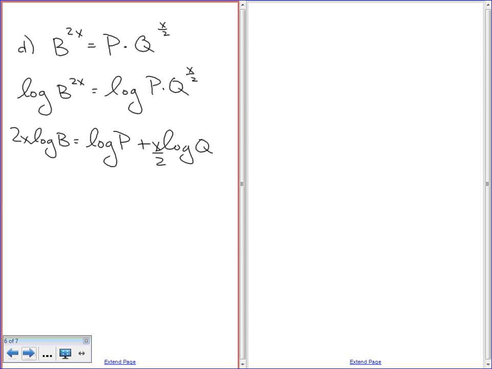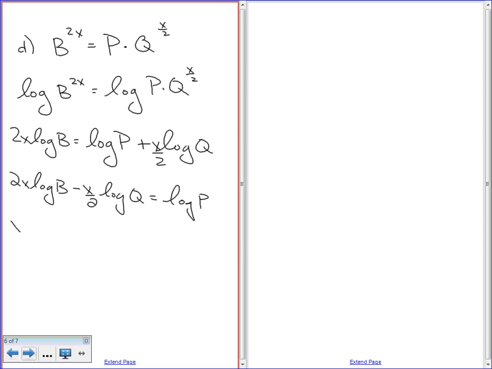Selecting the ones that have x's on one side, I get 2x times the log of b, subtract x over 2 times the log of q, and that's equal to the log of p. So I'm going to common factor out the x, and then also I'm going to move those exponents up on the variables.